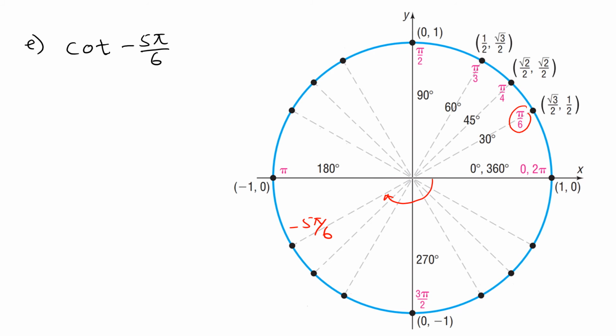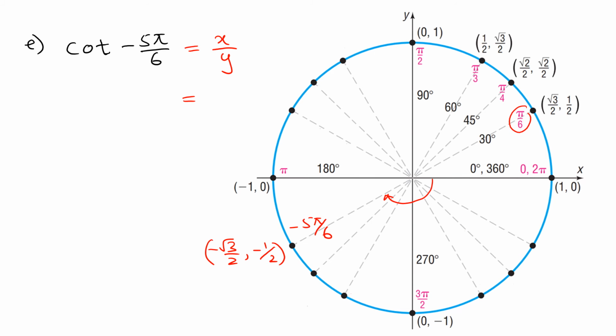So I'm going to reflect across the origin. That means both change the sign. So it's going to be negative square root 3 over 2 and negative 1/2. We are looking for the cotangent. Cotangent means the x value over the y value.